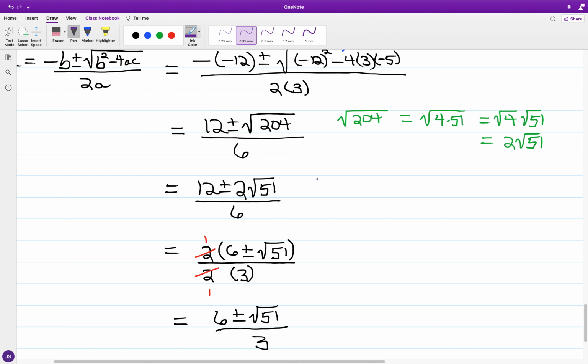But I'll mention this as well, another possibility. You won't usually see this kind of notation, but if I were to separate, you have 12 over 6, which goes to 2, and 2 over 6 reduces to 1/3, so you have the square root of 51 over 3.